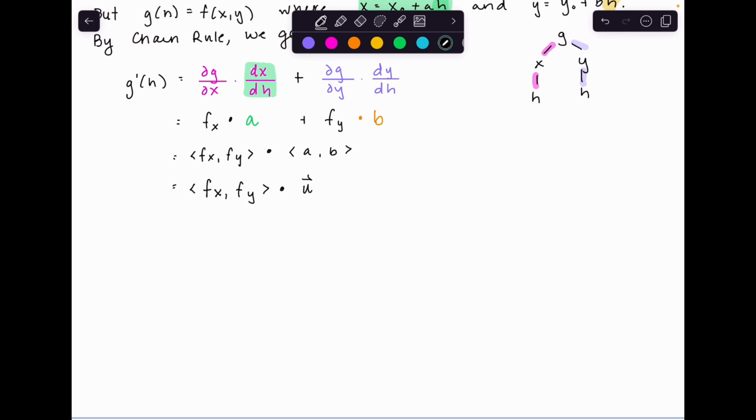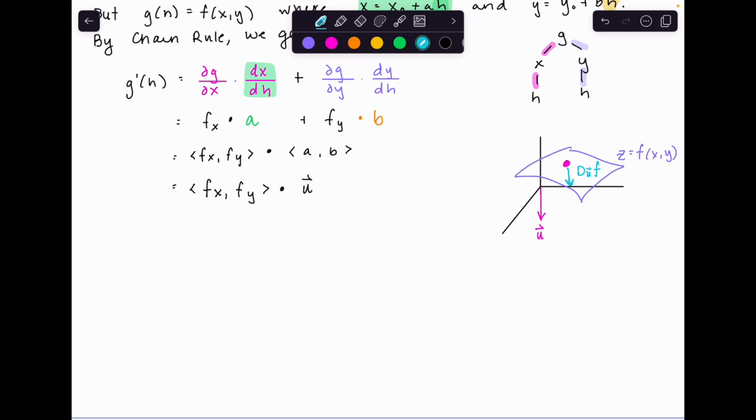So ultimately, again, just to give you a little bit of a picture as to what's going on here, do this right here. Here is our function z. We're looking maybe at a specific point right here, and I've given some vector u, which is unit. The directional derivative will point in that same direction.